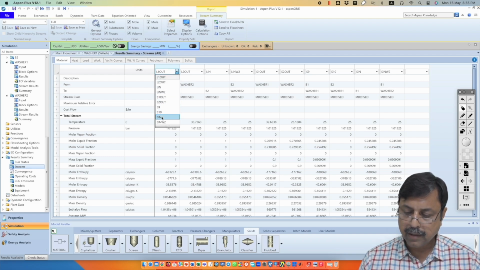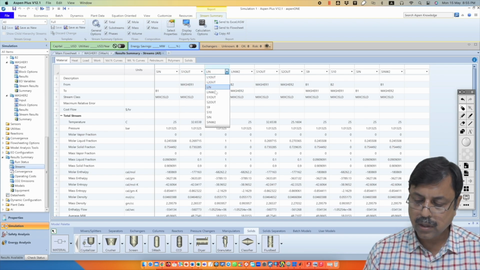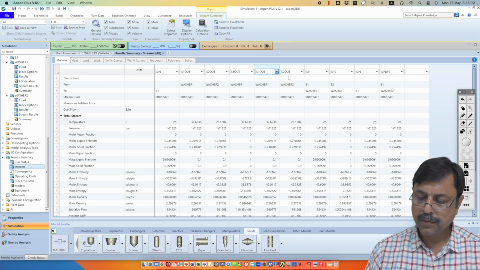So let us write S in, S1 out, S2 out, and then L1 out and L2 out.